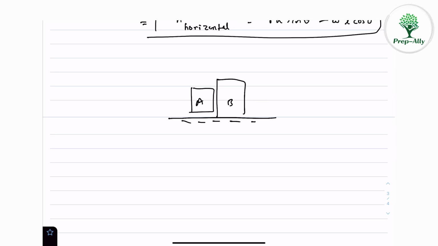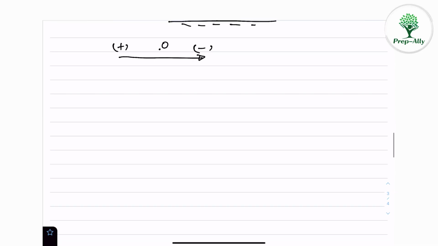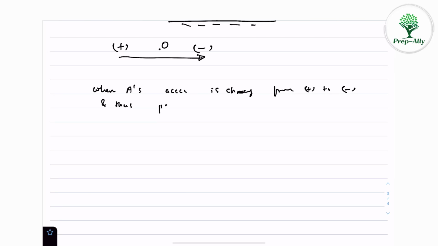While changing from positive to negative, the horizontal acceleration of A will become 0. So the funda is that when A's acceleration is changing from positive to negative and thus passing through 0 value, that is when contact between A and B is gone or broken.